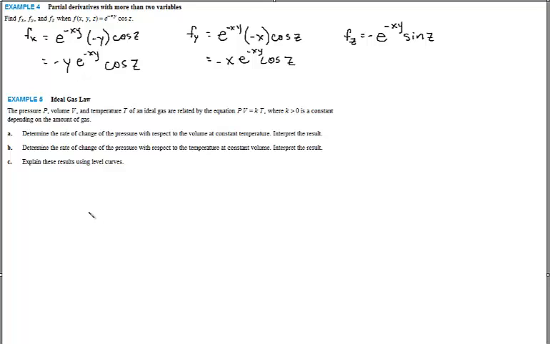In example 5, I'm to determine the rate of change of pressure with respect to volume. So for the A part, it's the partial of pressure with respect to volume.